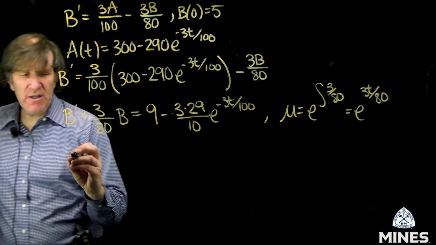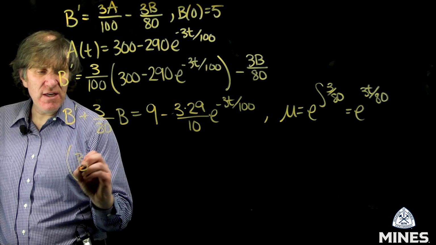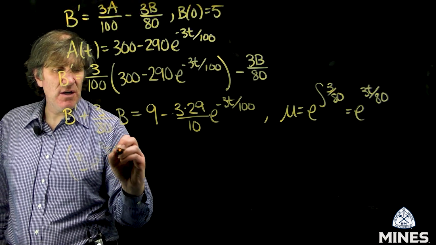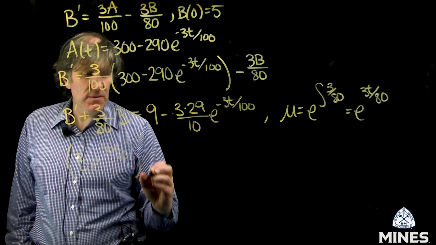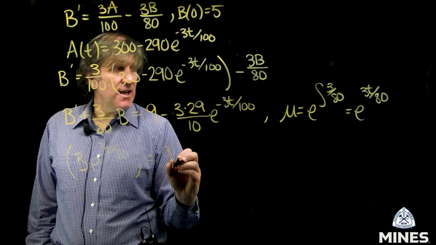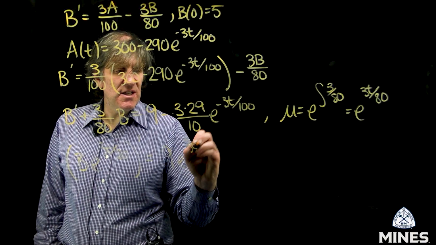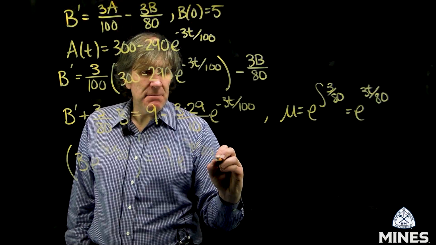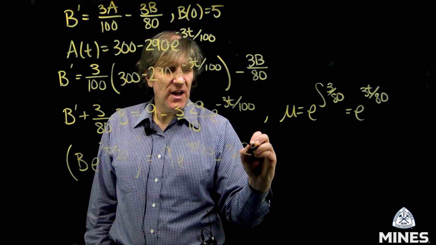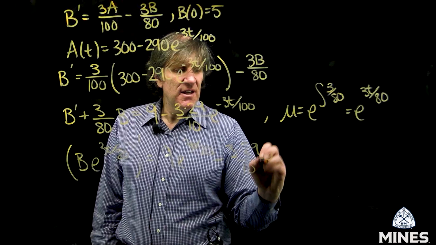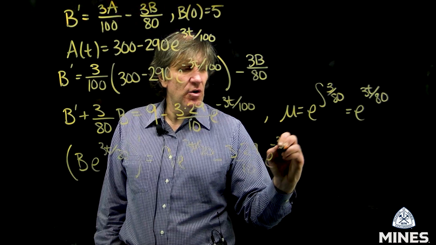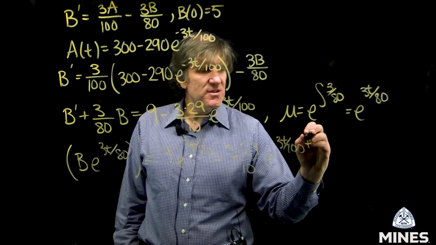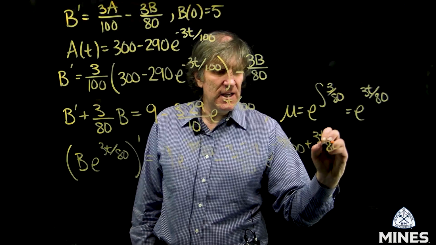Multiply everything through by the integrating factor. We have b e to the 3t over 80, prime, equals 9 e to the 3t over 80 minus 3 times 29 over 10 e to the minus 3t over 100 plus 3t over 80.